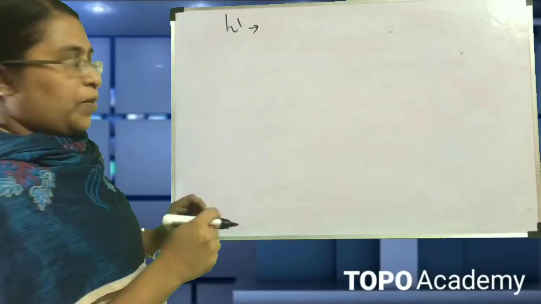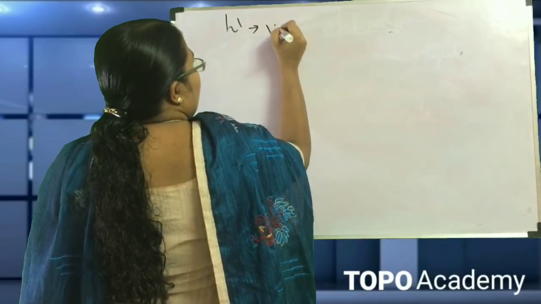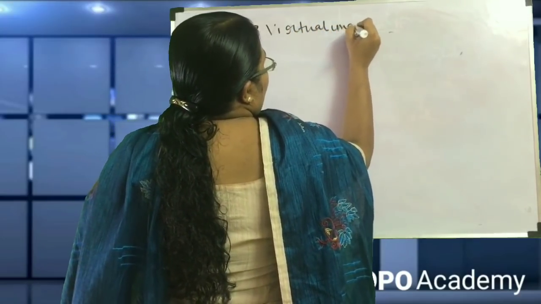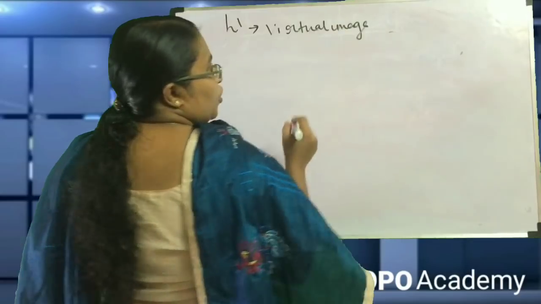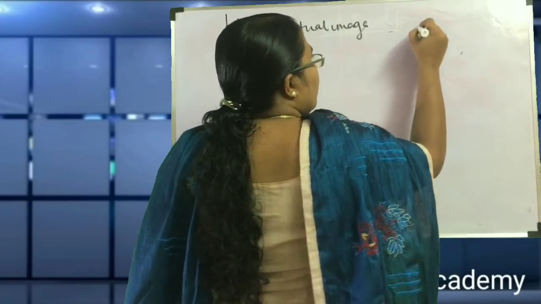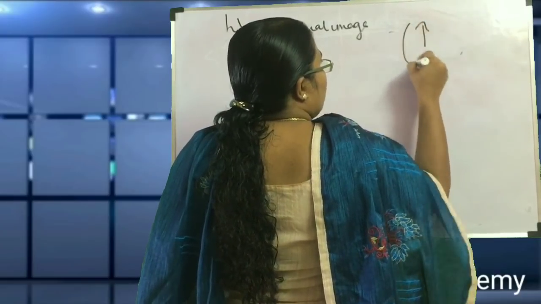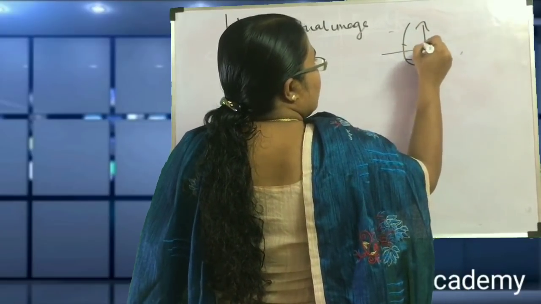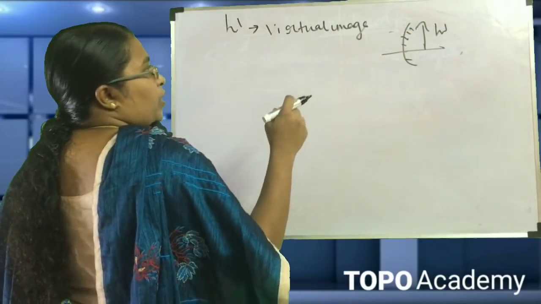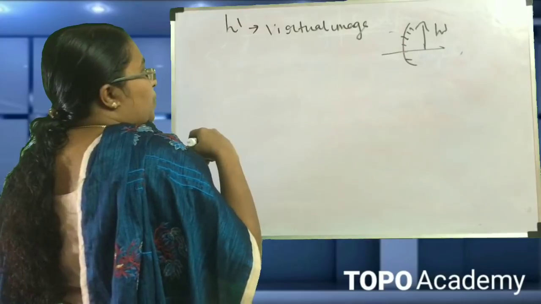h dash for virtual image. Virtual image height is always in the upward direction. For concave mirror and for convex mirror, this is the h dash. It is in the upward direction to the principal axis.